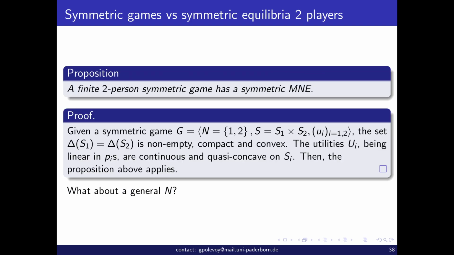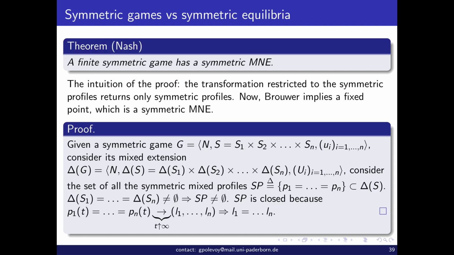Now, what about a general number of players? Here we also have a nice theorem, the theorem by Nash. The proof is a bit different, but pretty much the same. The theorem says that a finite symmetric game always has at least one symmetric mixed Nash equilibrium. Now the intuition of the proof is as follows.